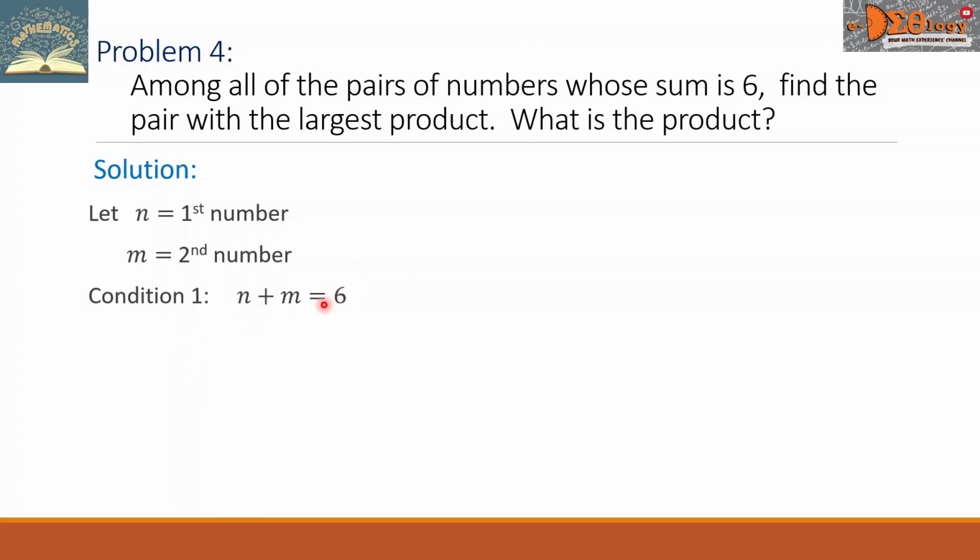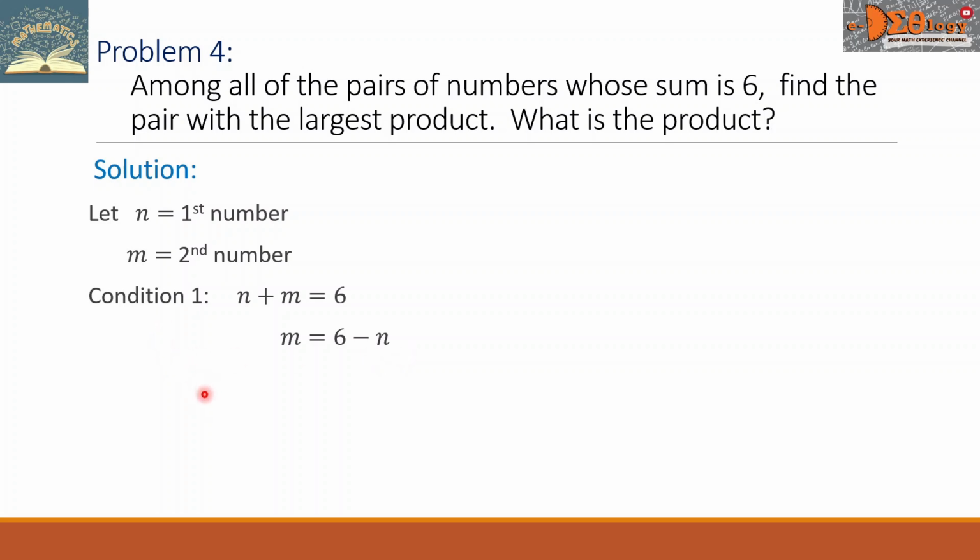In condition 1, it says the sum is 6, so we write n plus m equals 6. From here we can isolate the m. This n we transpose to the right. So we have m equals 6 minus n.